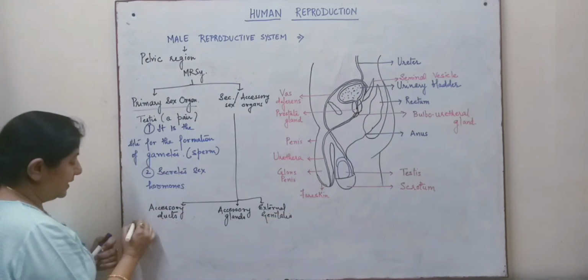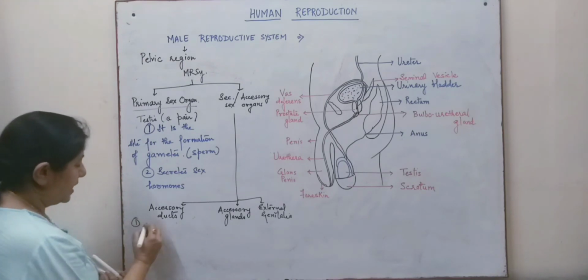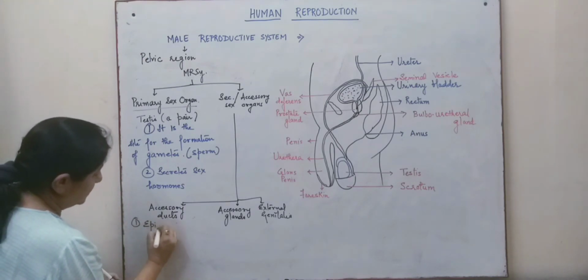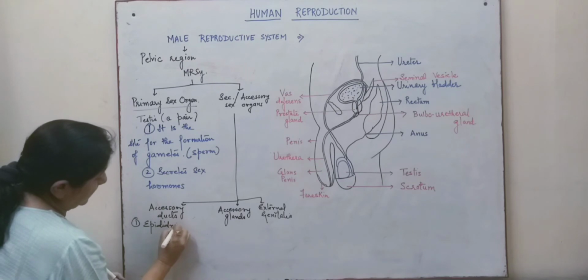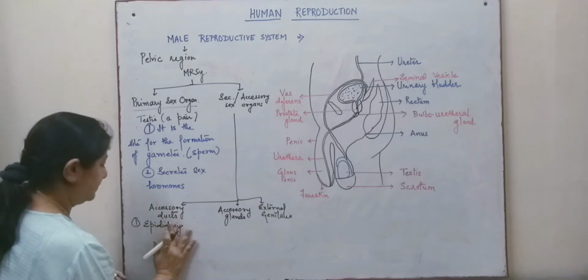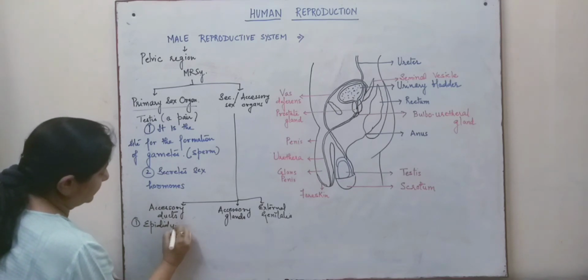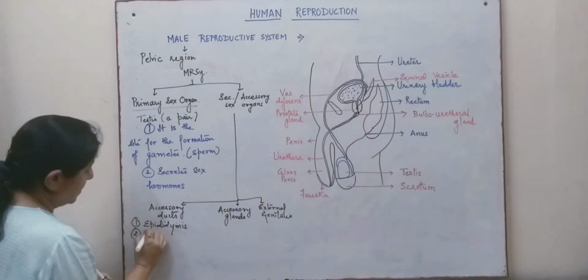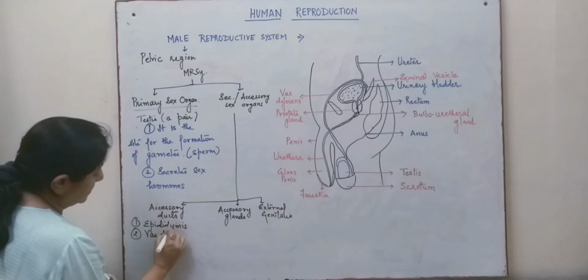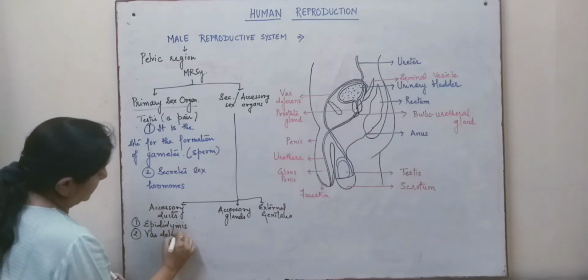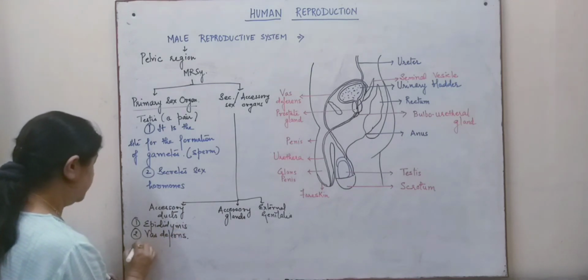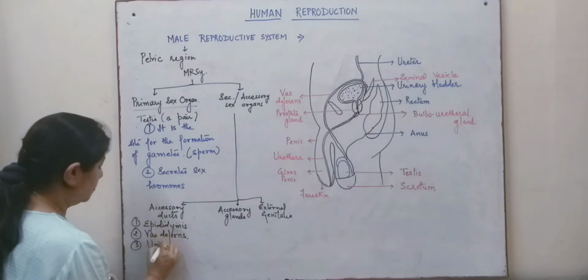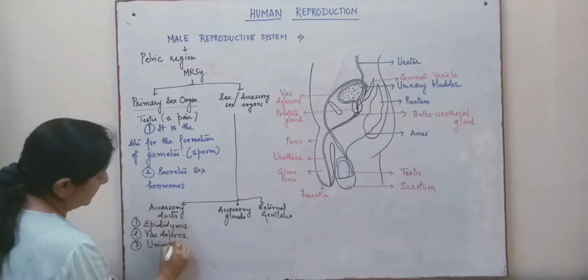Now, the accessory ducts over here are the epididymis, then the vas deferens, and third is the urinogenital duct.